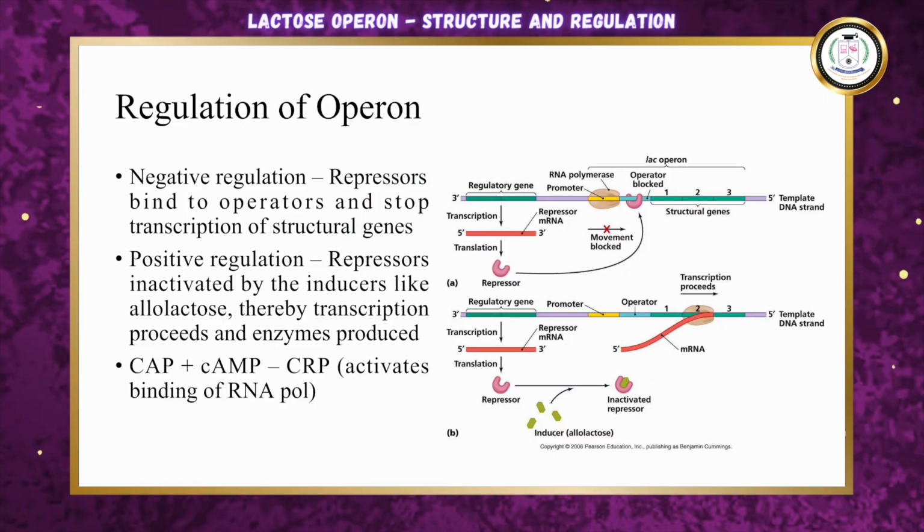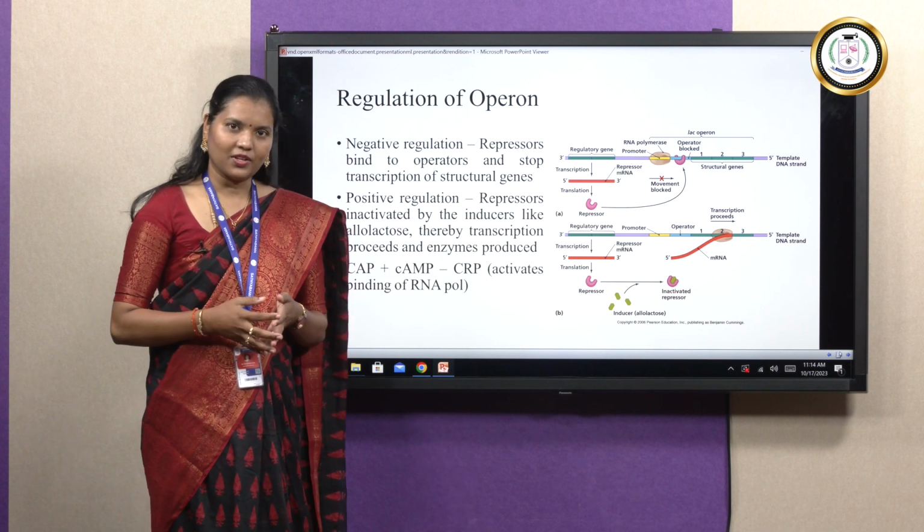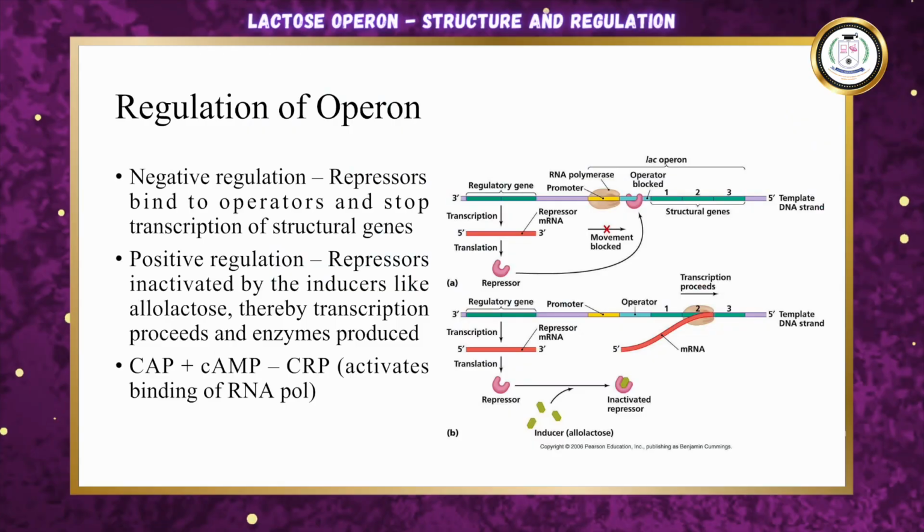Talking about the regulation of the operon, we have two types of regulation, positive as well as negative. First we'll look into negative regulation. We have the template DNA strand. We already know what transcription and translation are; we have seen them in our previous videos.